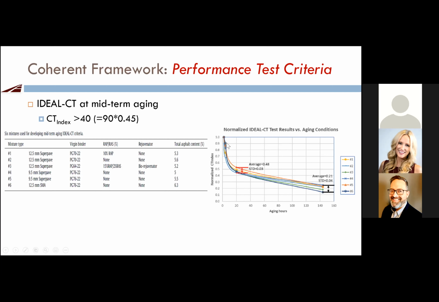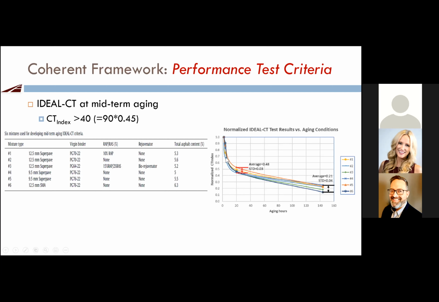after normalization at 4 hours 135, we have a big, wide range of cracking resistance change. For this mix, the CT index only reduced to 90% after 4 hours, so it still retains 90% of the 2 hours at compaction temperature CT index.